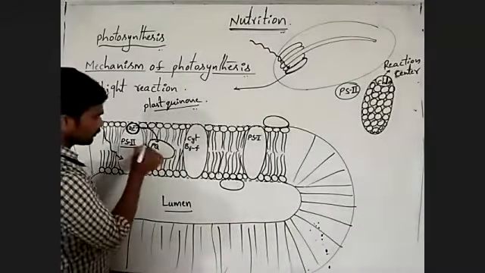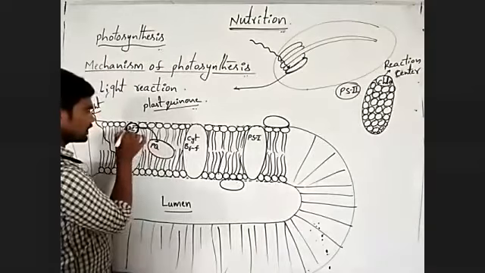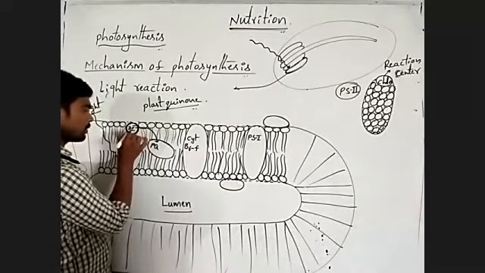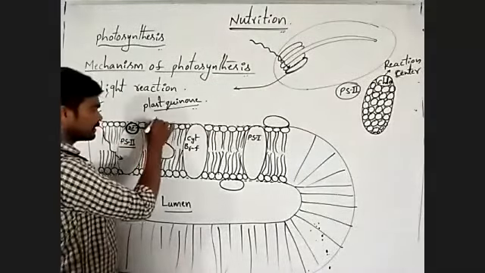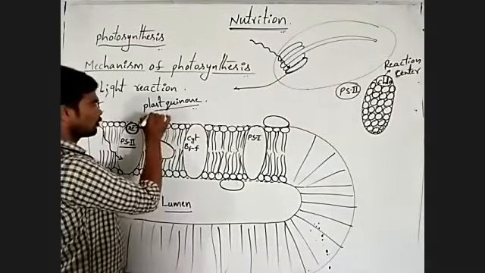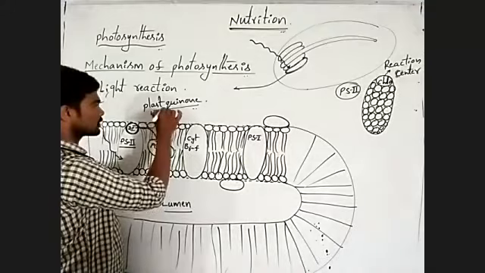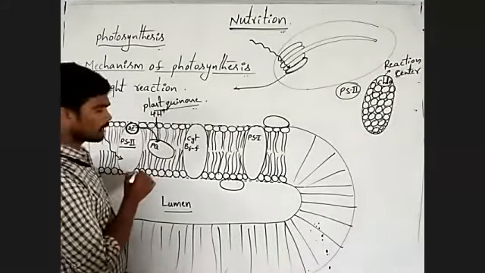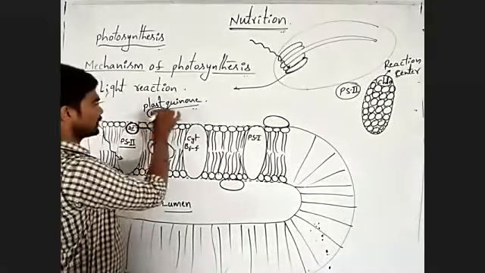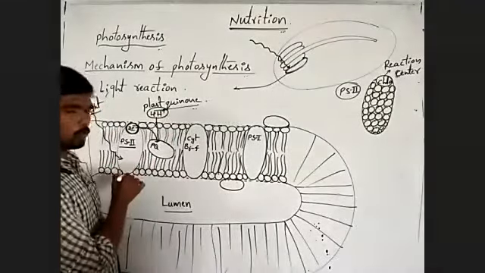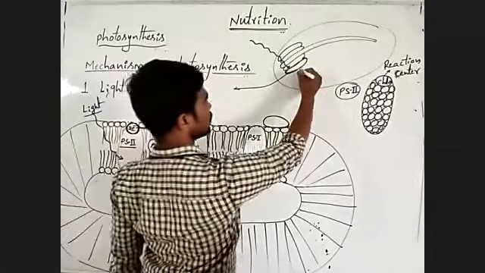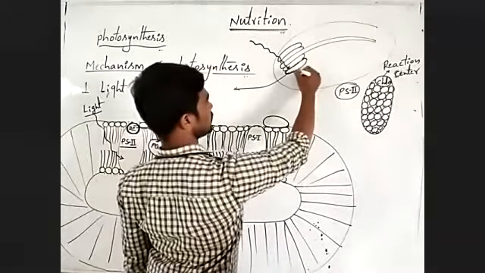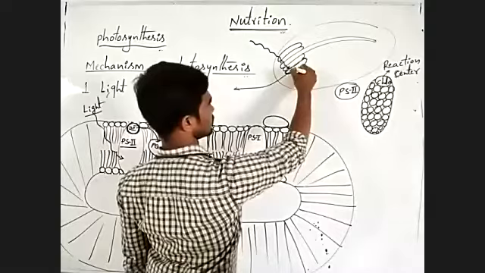This plastoquinone receives the two electrons from photosystem 2, and it receives four protons from the stroma.